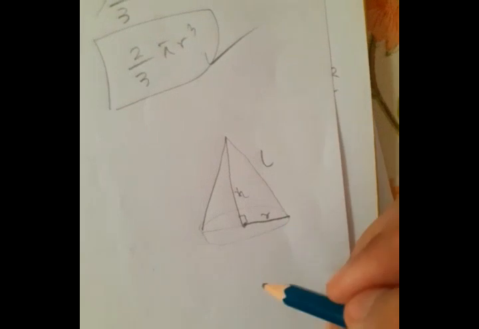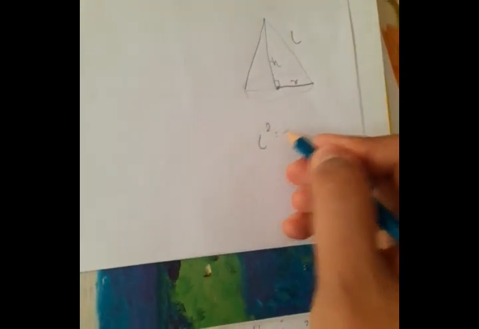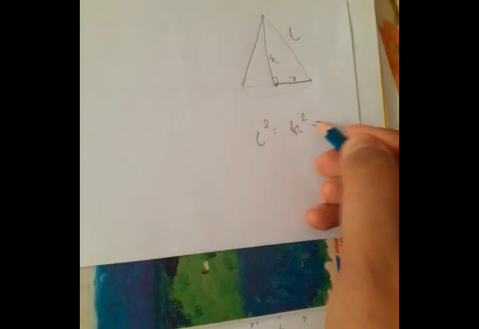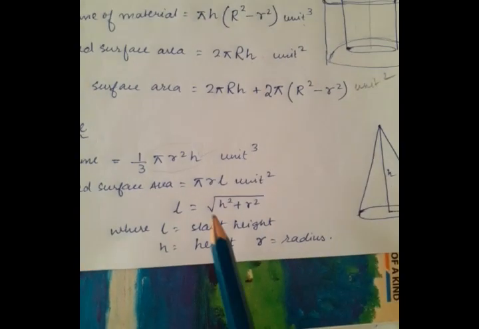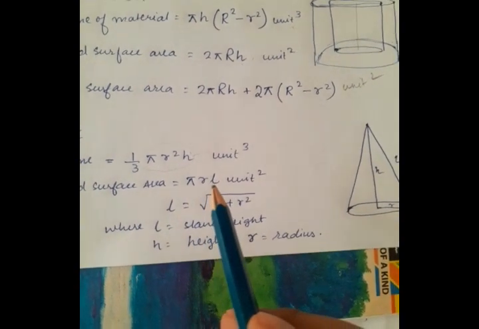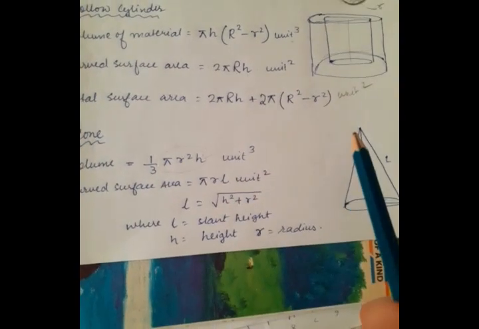Actually it is the hypotenuse. So by Pythagoras theorem we could write L square equals h square plus r square, and taking the root, L is root of h square plus r square, exactly what I have written here. So this is pi r l. It is the curved surface area of the cone.